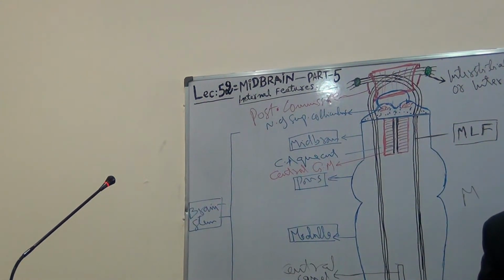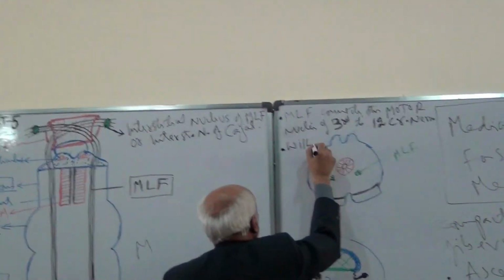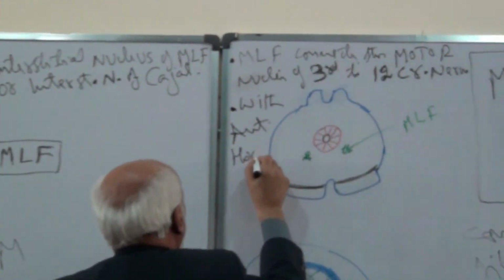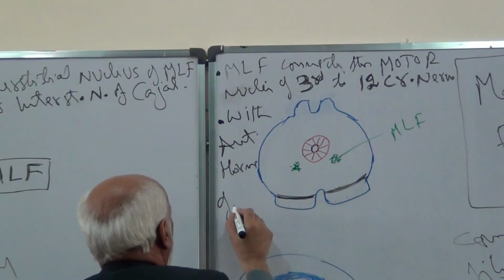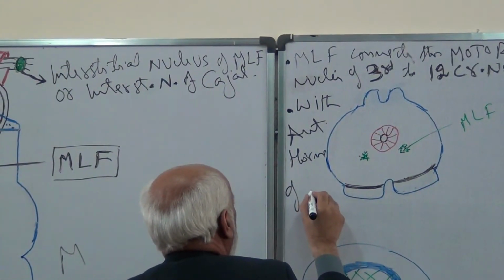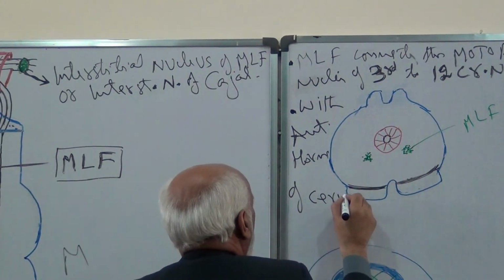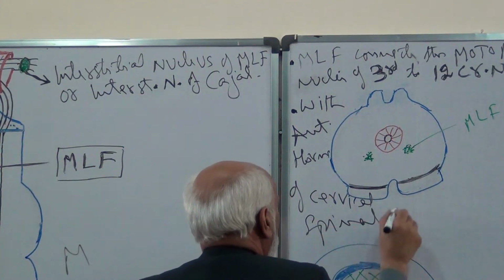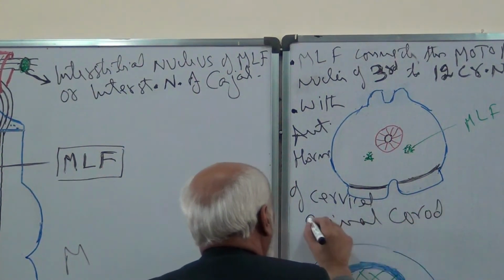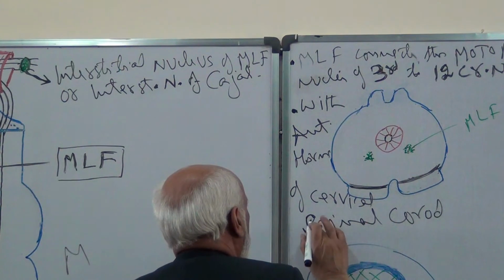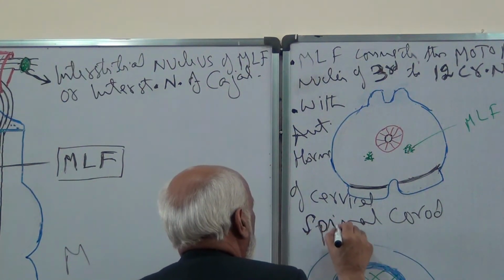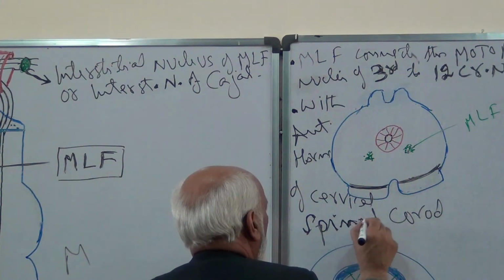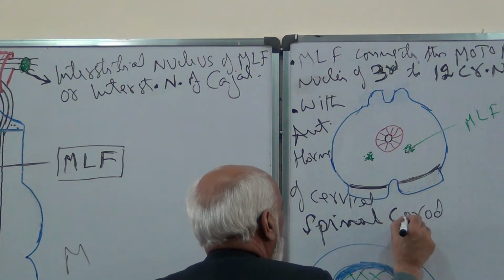Thus it interconnects not only the cranial nerves with one another, but also with the anterior horn of the spinal cord, cervical region.